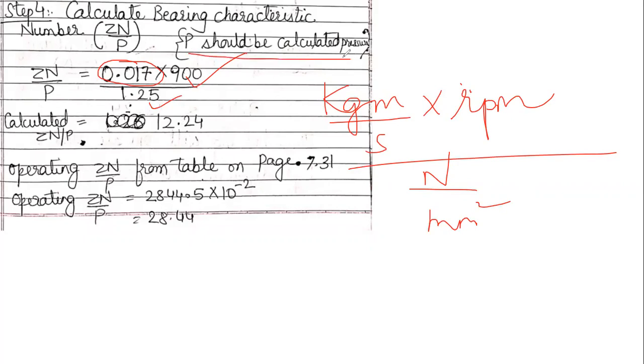Here we have to put the calculated pressure. Don't put the given pressure. Since we are calculating Zn by P, you have to put here the calculated pressure. So 0.017 into 900 divided by 1.25. Calculated Zn by P is 12.24.